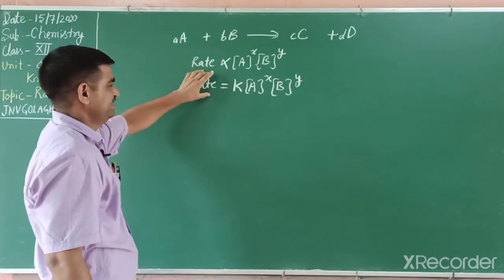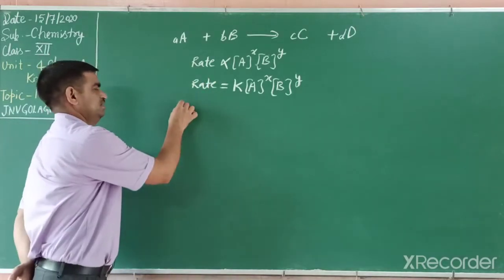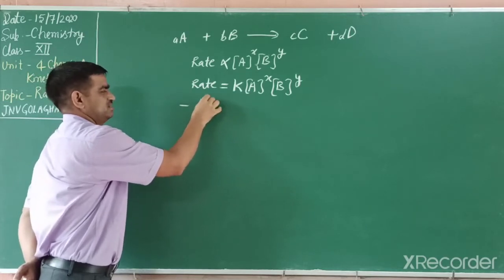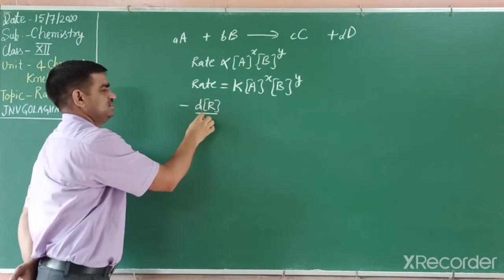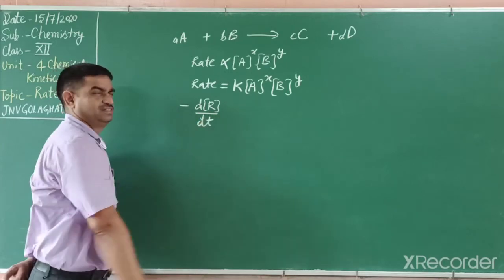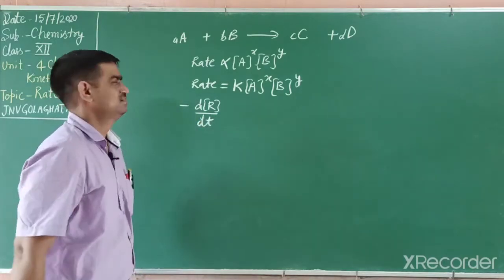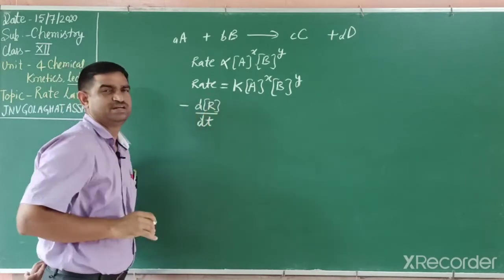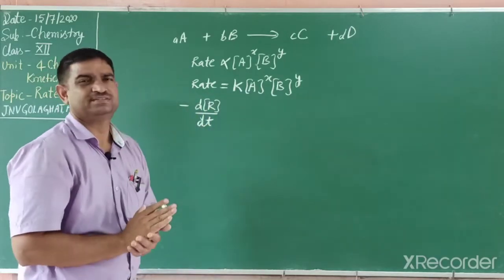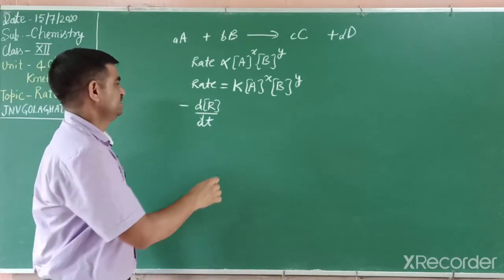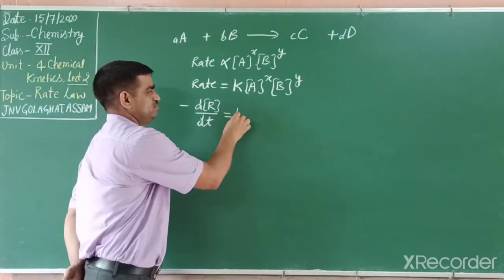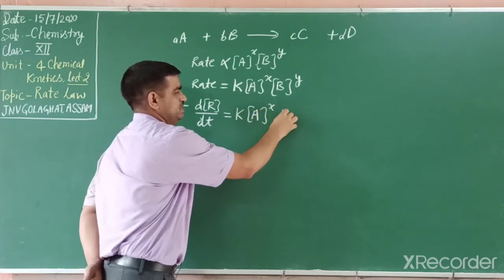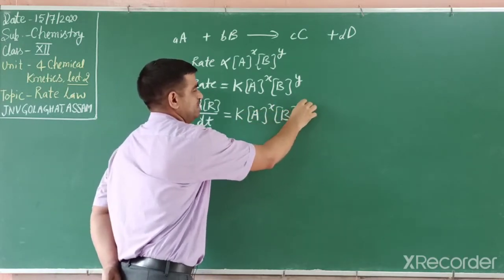When we write this rate, we can write rate is minus d[R]/dt, R means reactant. Yesterday we studied what is rate. Rate means change in concentration of any substance per time interval, and as reactant concentration decreases, we write a negative sign, equal to k [A] power x [B] power y.